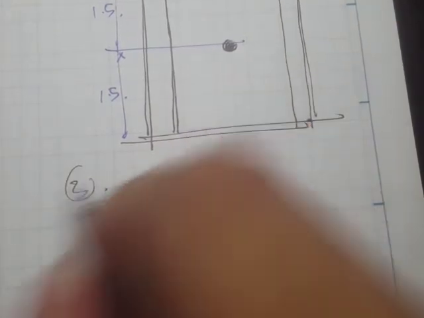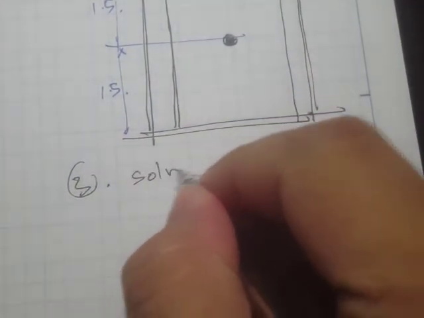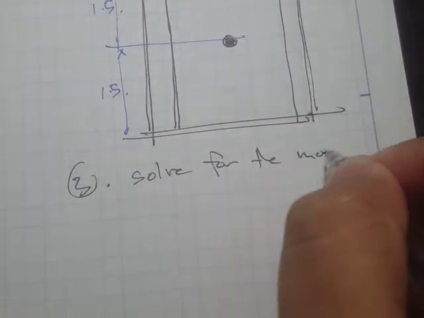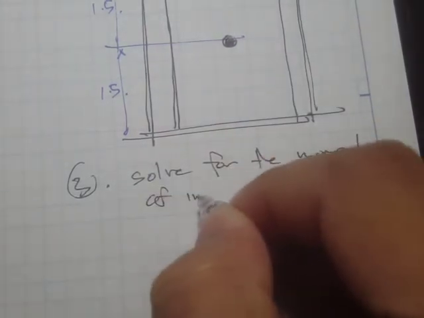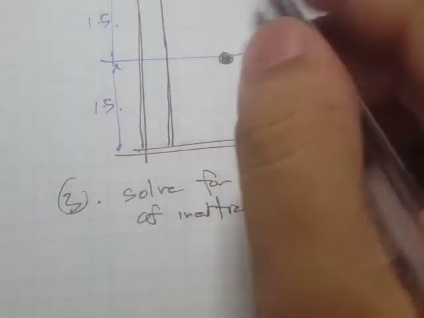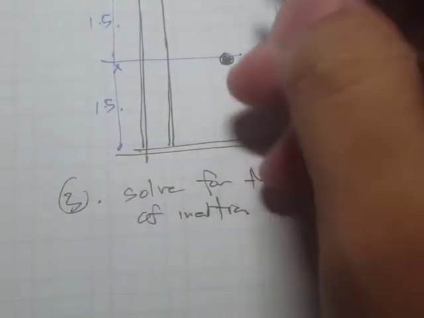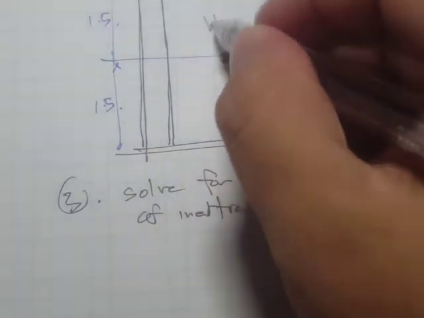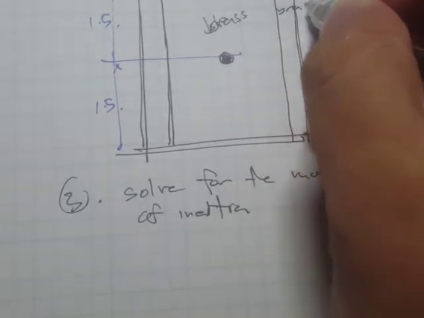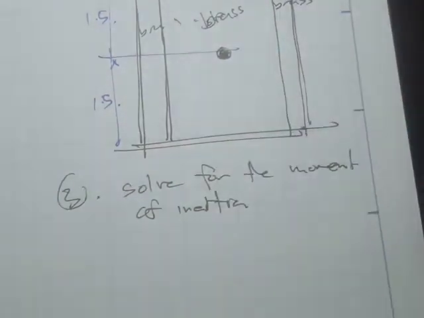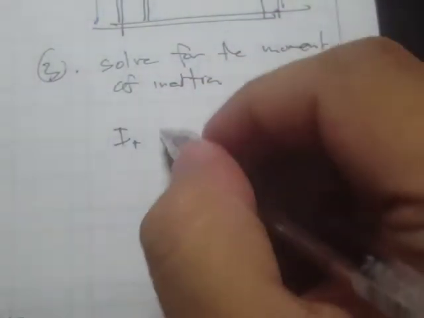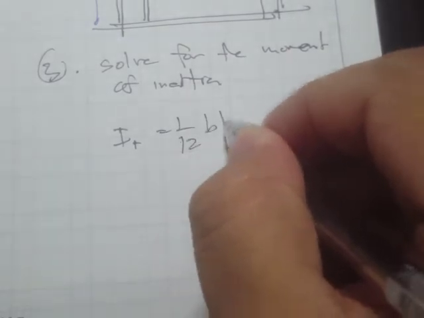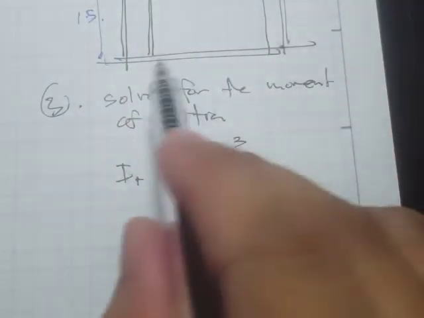The next step is to solve for the moment of inertia. By the way, since this is transformed, this means that this is steel. Oh, sorry, this is brass because our reference material is brass. These are all brass. For the moment of inertia, the total moment of inertia is simply 1 over 12 base times height cubed, where the height is this and the base is 2.25.